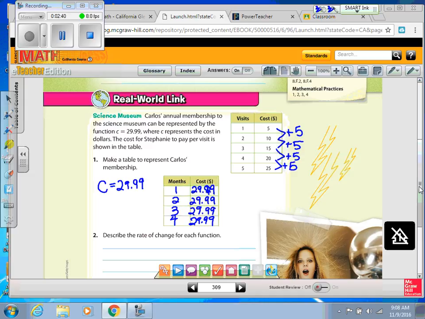And number 2, it says to describe the rate of change for each function. So for Carlos, he has a rate of change of what? What's it changing between each month? The cost. 0, right? So Carlos has a 0 rate of change.